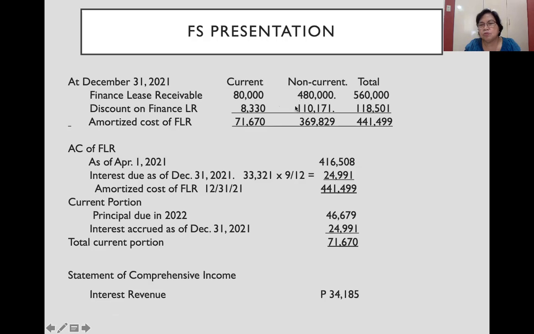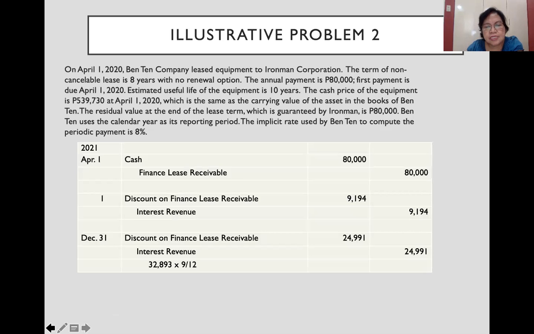The non-current portion of discount on finance lease receivable is 110,171. Therefore, the non-current portion of finance lease receivable is 369,829, which you may check, validate from your amortization table.